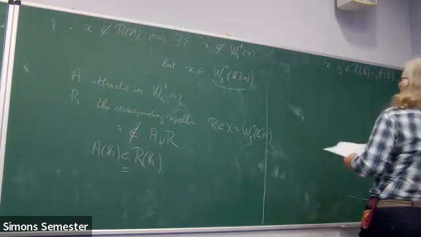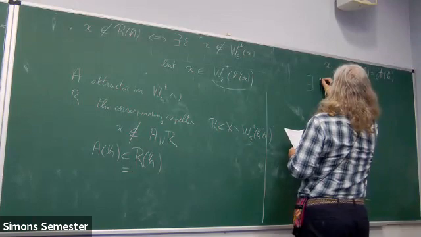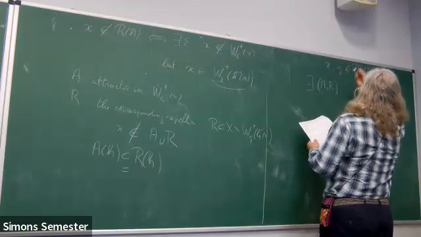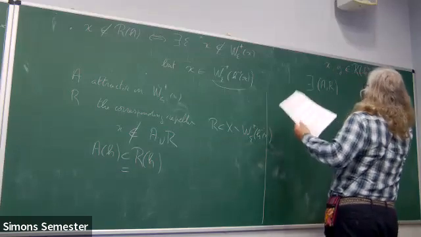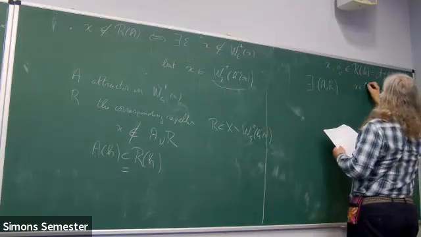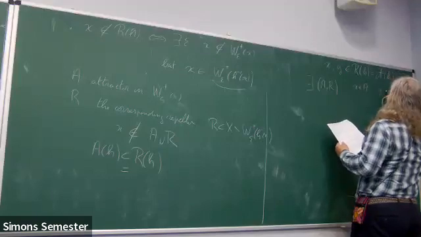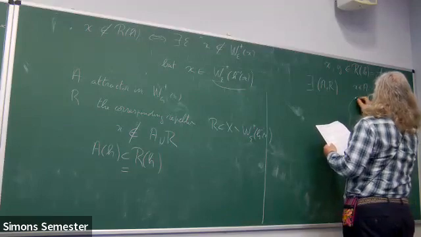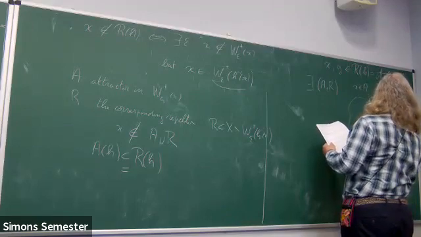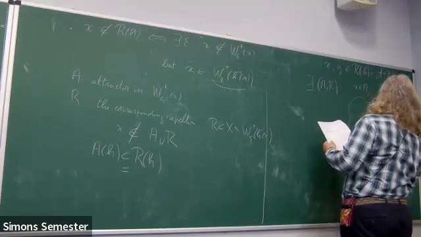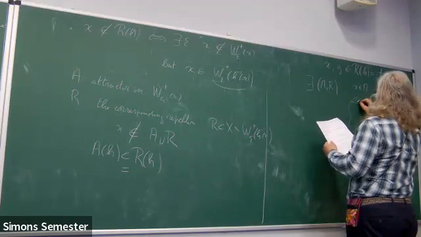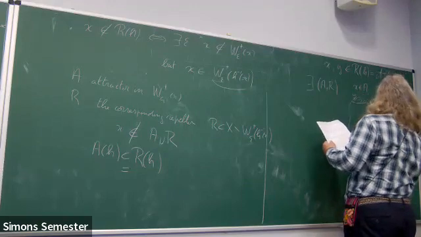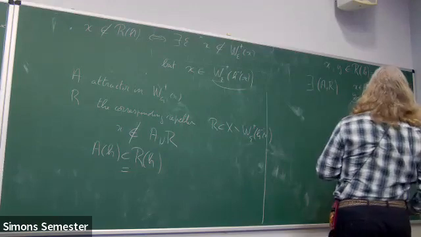And we first assume that there exists a pair so that they are not in the same one. So let's say that X is in A and Y is in R. So we have this picture: an attracting region, A here, R there, Y on this side, X there.